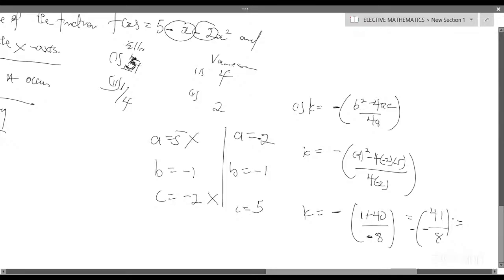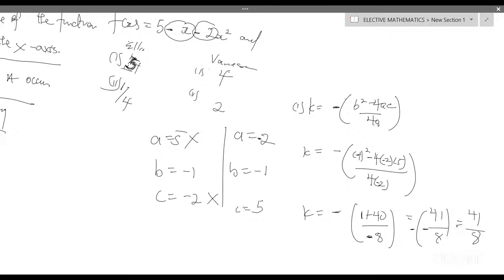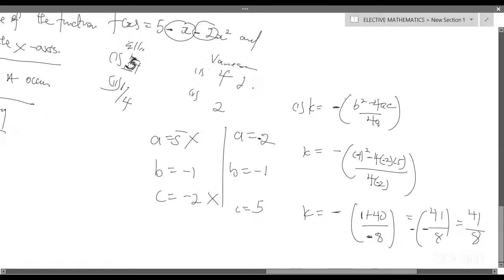So definitely the final answer is going to be 41 all over what? 8. And that will be the answer for the minimum value. You get it now. Yes, sir. So it means your answers for the first one are wrong.